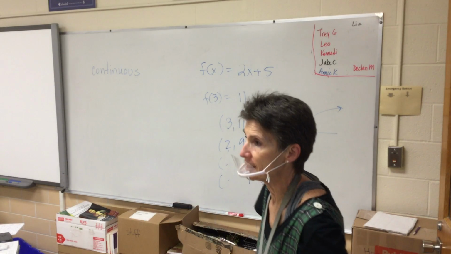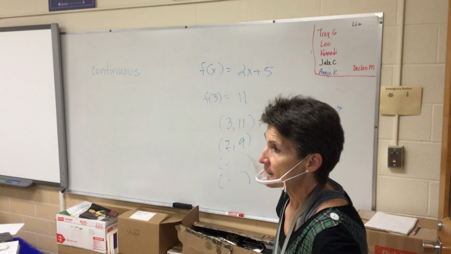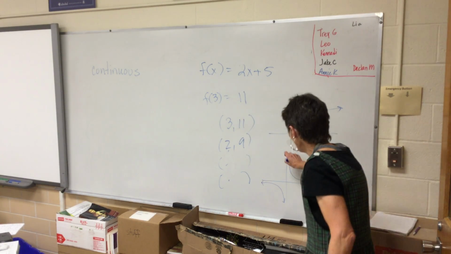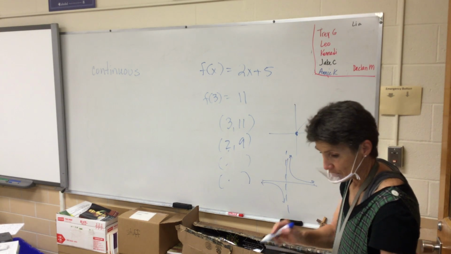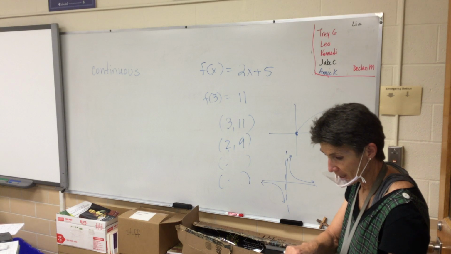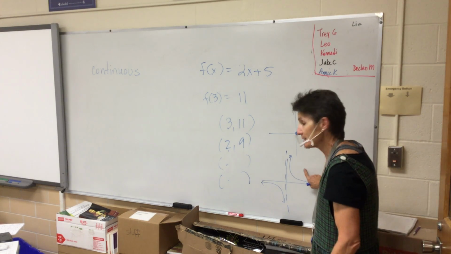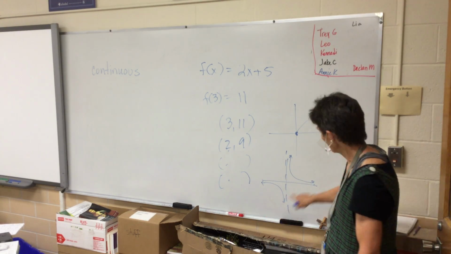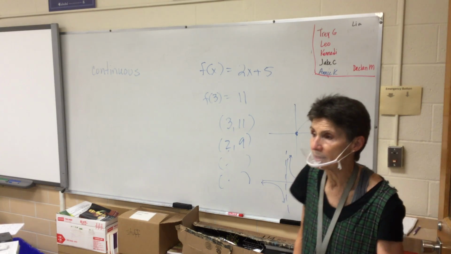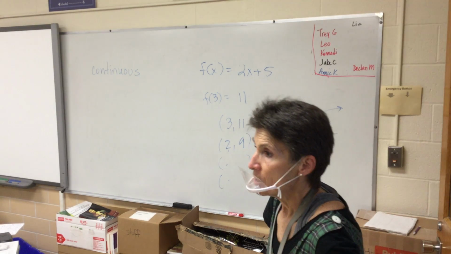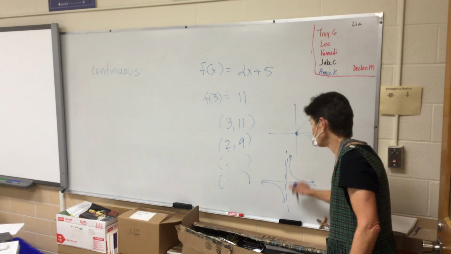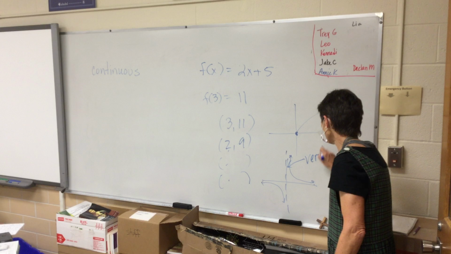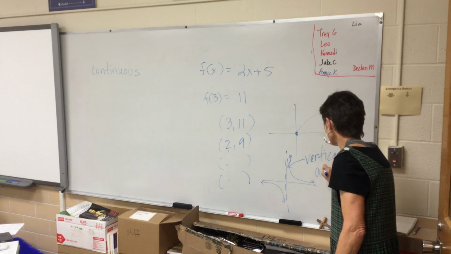Two totally distinct pieces separated by what we call a vertical asymptote. So in your list there where you have different kinds of discontinuities, draw the picture of a non-removable or infinite discontinuity. When you have a vertical asymptote, that is called a vertical asymptote.